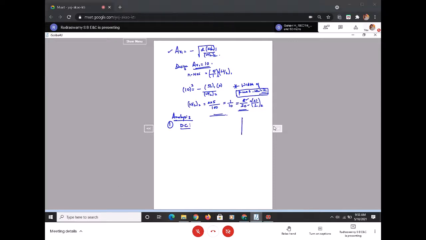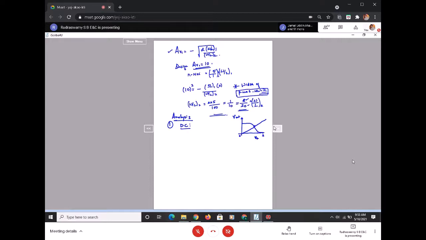So the DC analysis typical characteristics: this is my V out and this is my VN. VN I vary, if this is 0 volts and this is 5 volts, in steps of 0.1 or 0.2, it will be simple linear going. The output accordingly will have some transition, something like this.